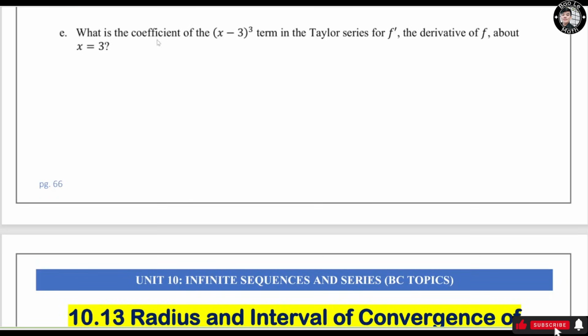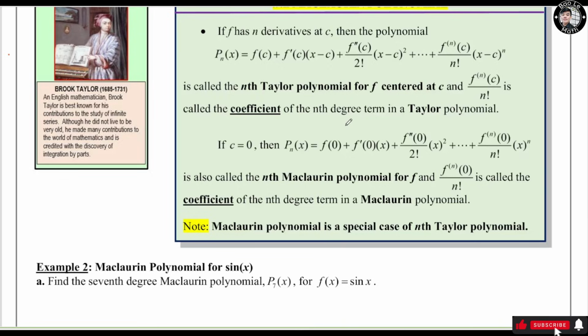What is the coefficient of the s minus 3 cubed term in the Taylor series for f prime, the derivative of f about s equals 3? Now remember that the nth degree term in a Taylor polynomial is this guy right here, right? Where this guy is the coefficient, right?